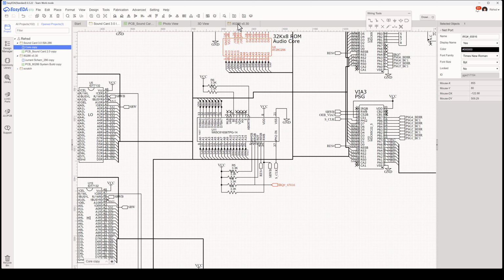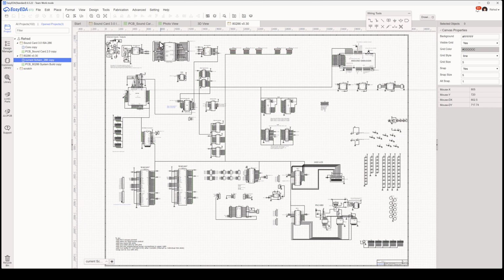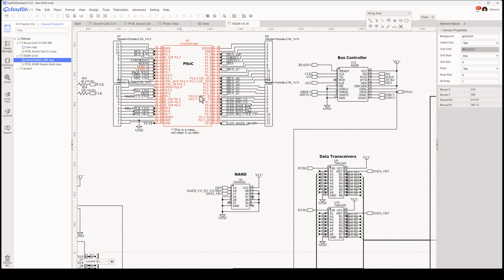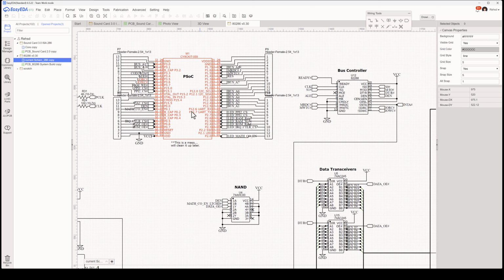And I think the way I'm going to support that on the 286 is I've got that PSOC, and I do have some available pins. This is a mess on the schematic, so just play along for a bit here. I have a lot of signals, plus I have headers hooked up, and there's not a clean way to show that. Maybe I need to get rid of the wires and just show net flags to make this easier to read. But I have a couple of these that I've removed.